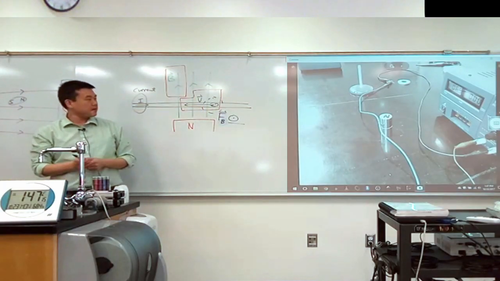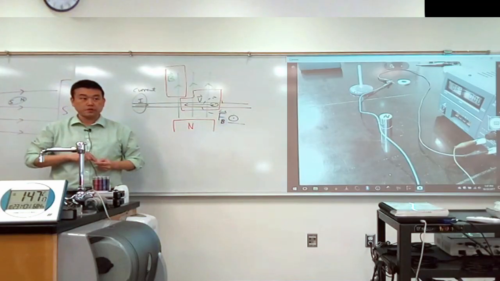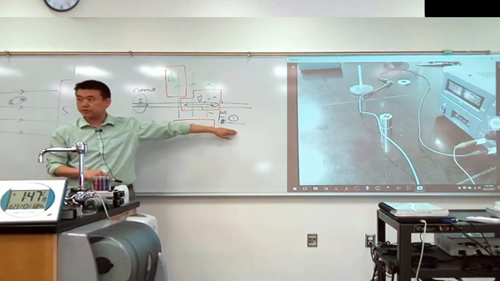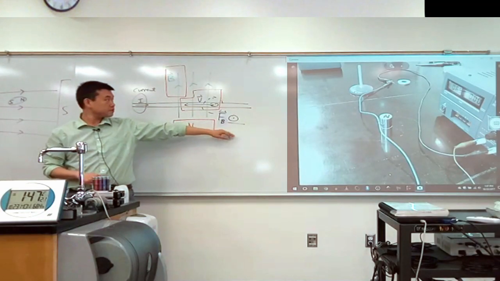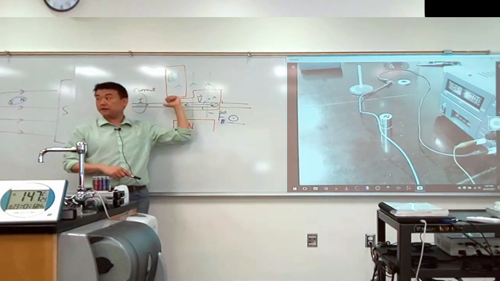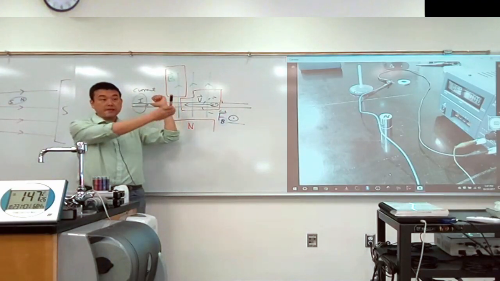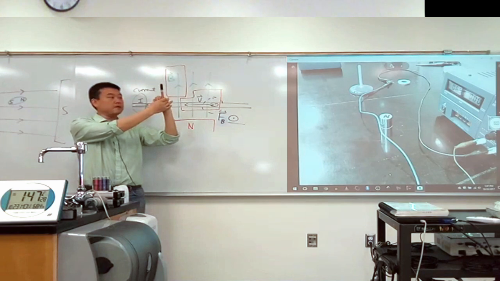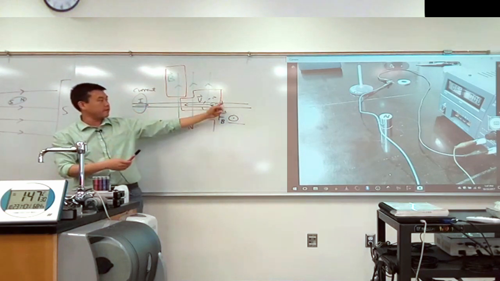Have you seen any mathematical operation or description that gave you this kind of result? You have two vectors, one pointing up, one pointing to the left, and by combining them you get something. How would you describe the direction of this vector relative to these two?